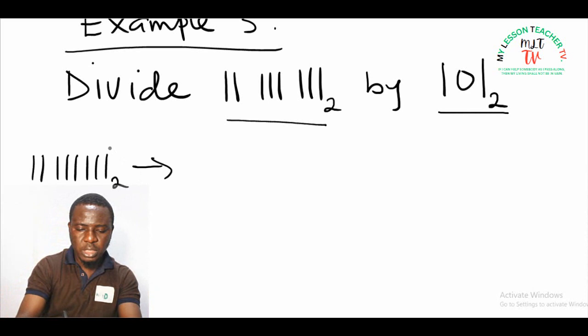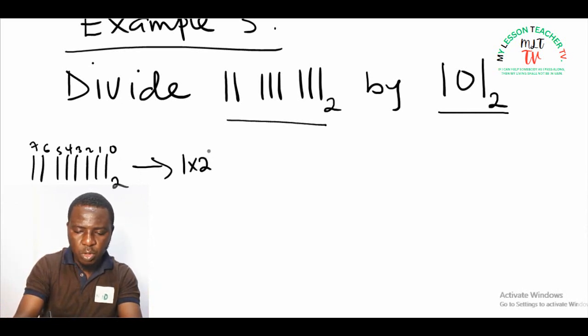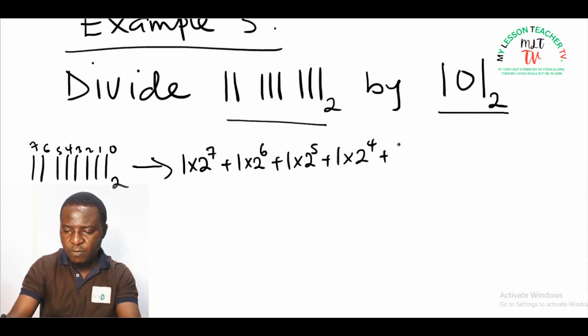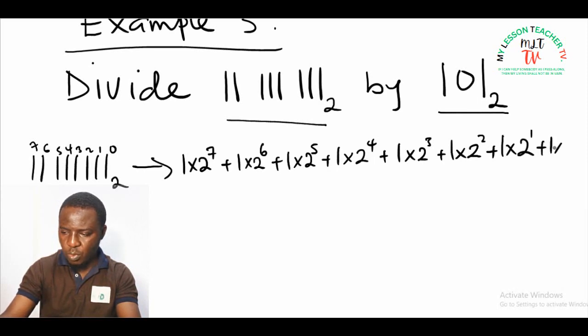So 1111111 base 2 is equivalent to, with place values 0, 1, 2, 3, 4, 5, 6, and 7, 1 times 2 raised to power 7 plus 1 times 2 raised to power 6 plus 1 times 2 raised to power 5 plus 1 times 2 raised to power 4 plus 1 times 2 raised to power 3 plus 1 times 2 raised to power 2 plus 1 times 2 raised to power 1 plus 1 times 2 raised to power 0.